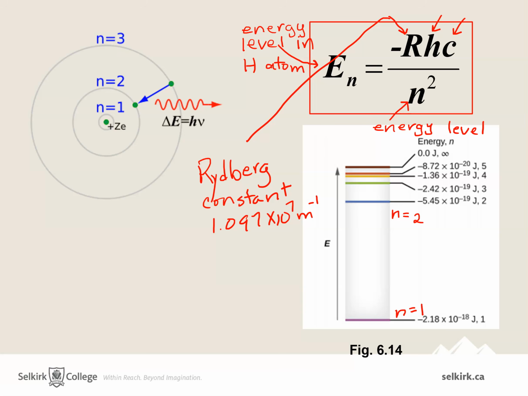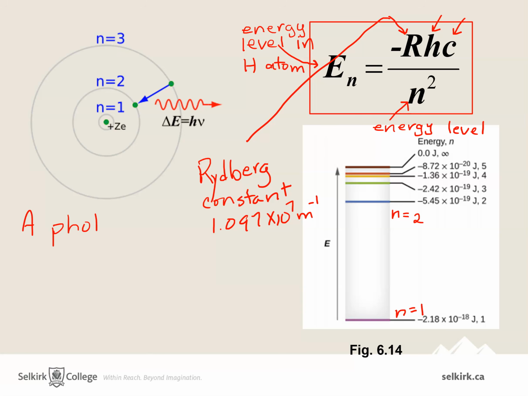Before I get calculating things with this equation, let me give you a qualitative sense for this. I get absorption of electrical energy when the electron goes to a higher energy level. When the electron hops to a higher energy level, I get energy absorbed; I get light emitted when the electron hops to a lower energy level. Let me just make a little note of that.